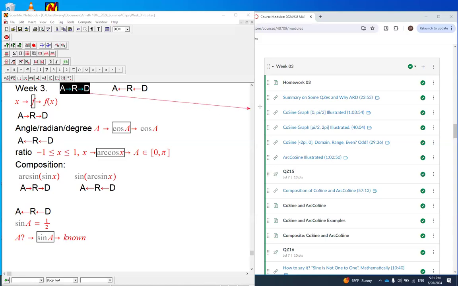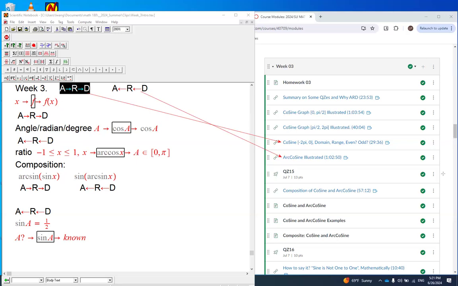So these sections are A to D. Oh, wait, this one should be arc. Yeah, arc, and then arc cosine, right? Arc cosine is D to A. It's all about D to A, from ratio to angle.